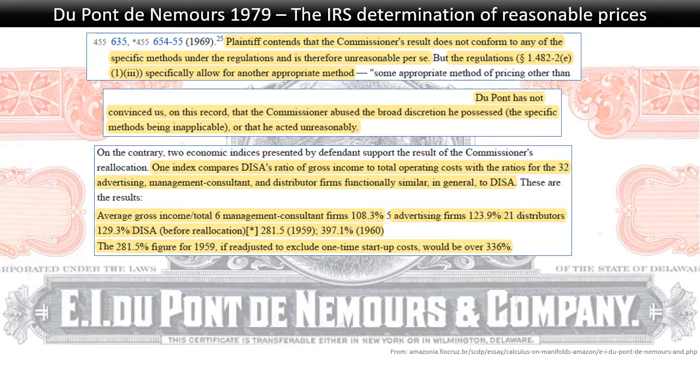The average gross income of the 6 management firms, 108%. The 5 advertising firms, 123.9%.